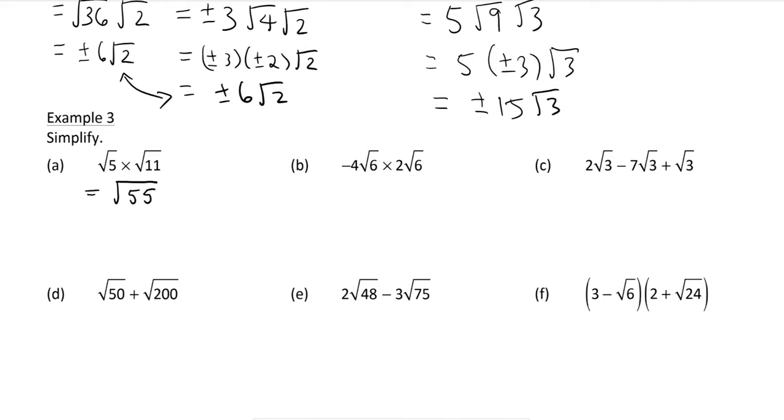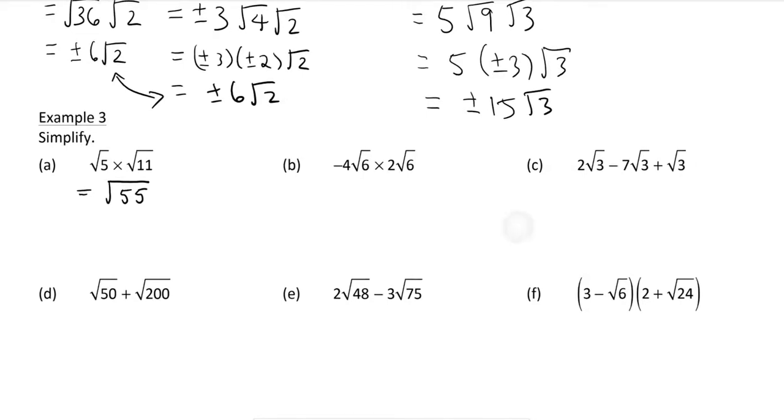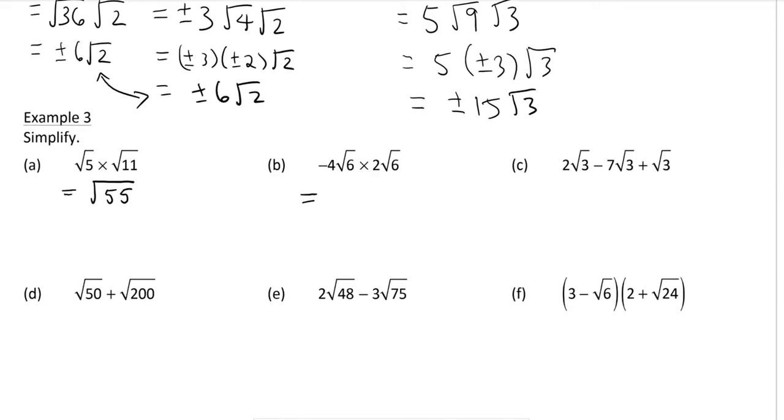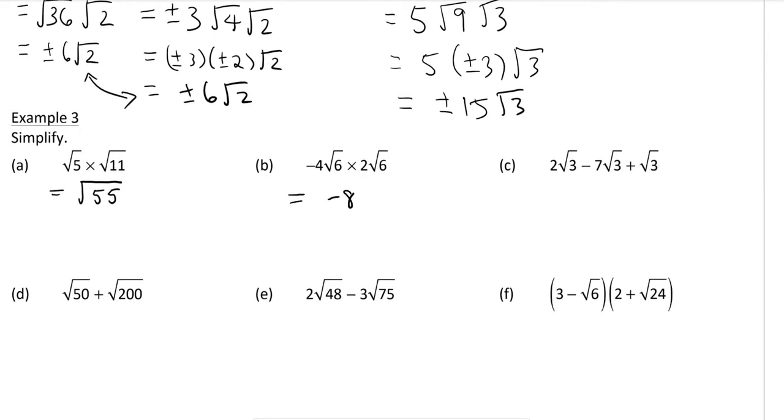Okay, now on the other hand, when I am working in part B, look what we have here. We have two mixed radicals multiplied to each other. So we're just going to multiply it the way we normally multiply numbers. Negative 4 times 2, what is that? That is negative 8. Okay, so that's the first part.